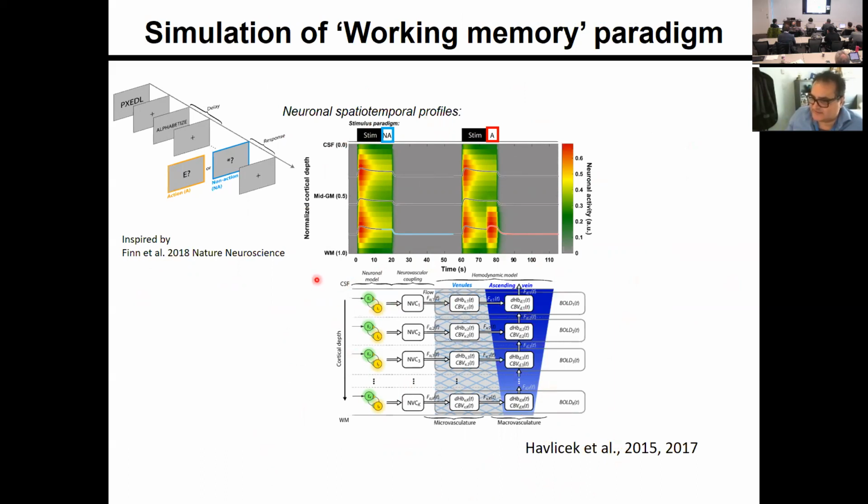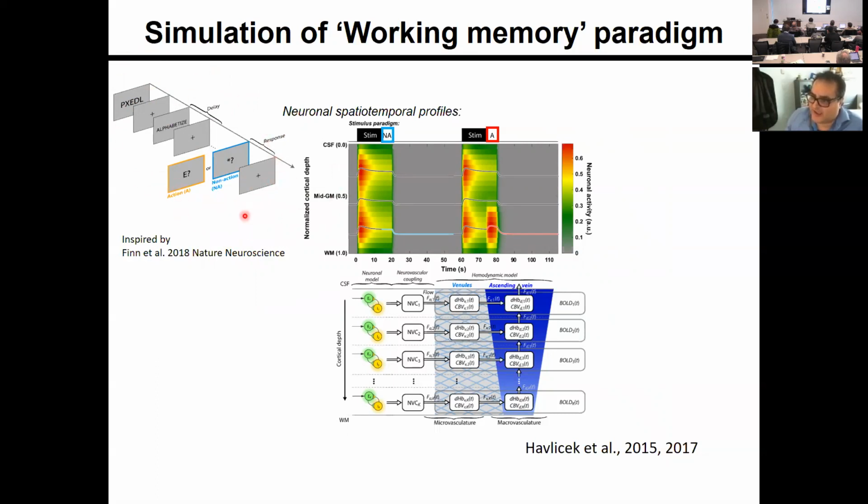I will just summarize this. This is taken from the Emily Finn paper published in 2019, sorry, not 2018, in Nature Neuroscience. I will not go too much into the depth of the task. Renzo can tell more about this because he is a collaborator on this project. And we created our time courses based on this.